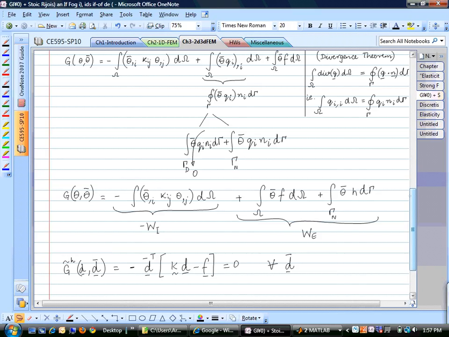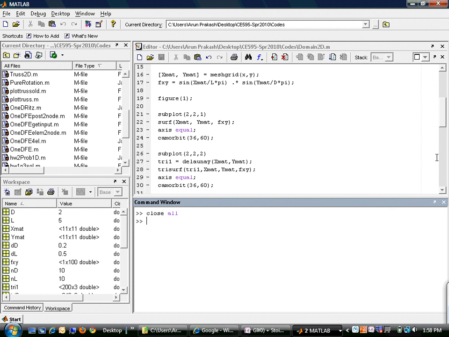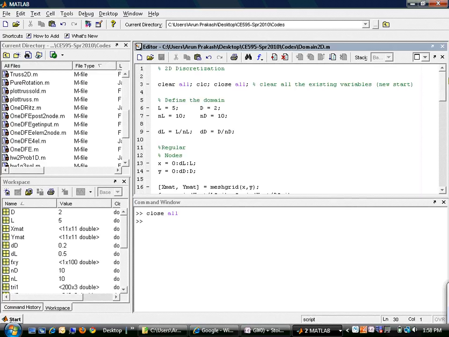So let's see if I can bring this up. Again, this is a small MATLAB code just to show you what a two-dimensional discretization would look like. So we are saying that the length and the width of our domain is 5 and 2 units.